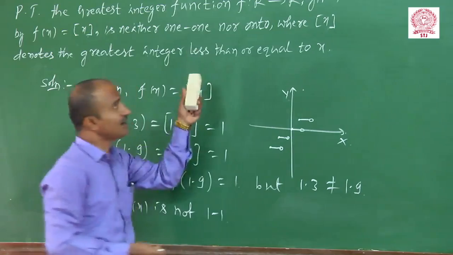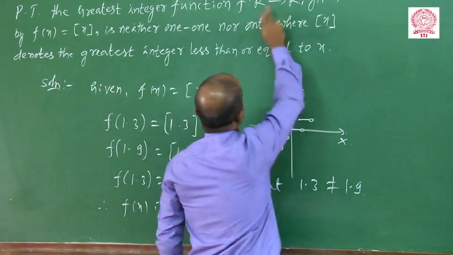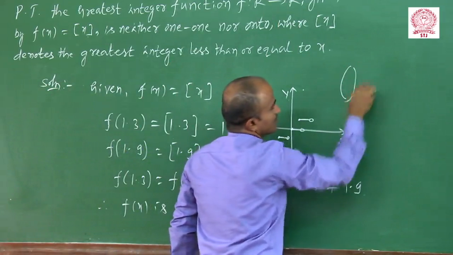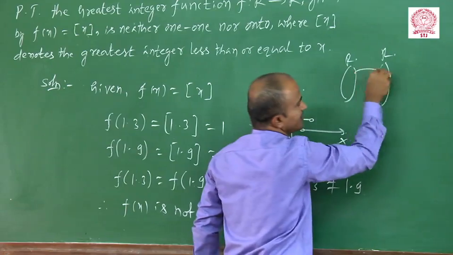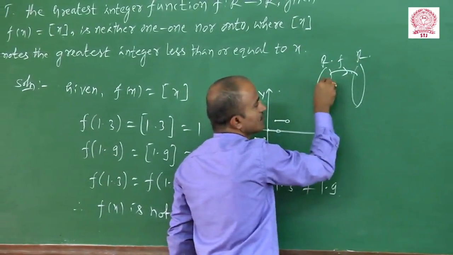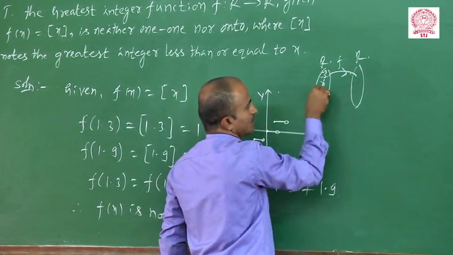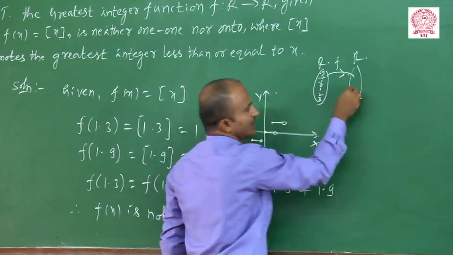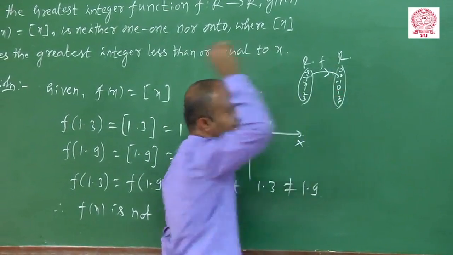Now to verify the onto condition. See, the domain is the set of real numbers, and the codomain is also the set of real numbers. Here we have 1, 2, 3, and so on, and also -1, -2, -3.